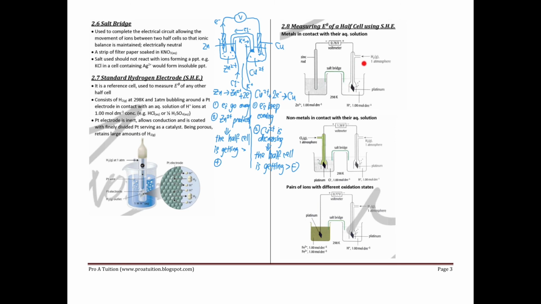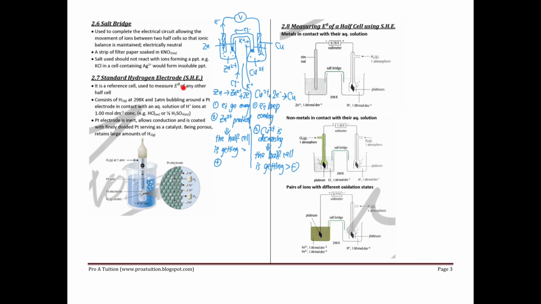It never contributes any value to the voltmeter. So the value totally comes from the other half cell. That's why when you use SHE here, the value can straight away become our E theta, the E theta that we use in the data booklet.